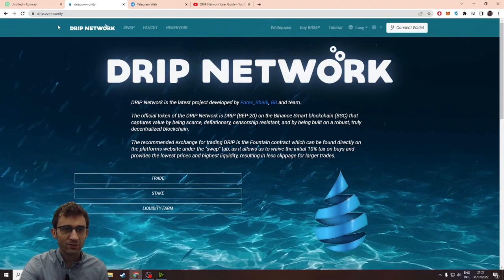Anyway, in the title menu, I'm seeing a logo, Drip Network, swap, faucet, reservoir, white paper, and buy BR34P. I don't know what that is, but I think it's some play on Drip.